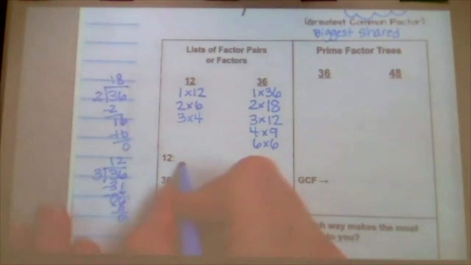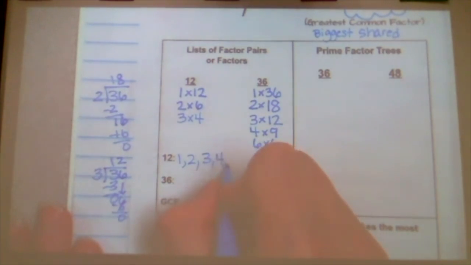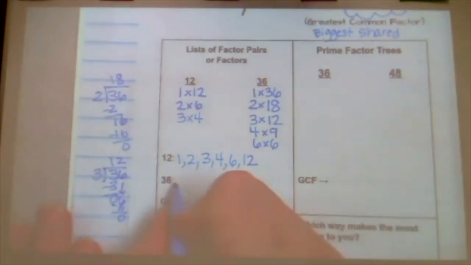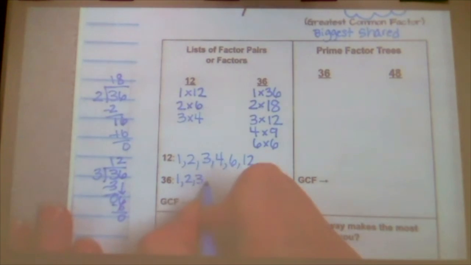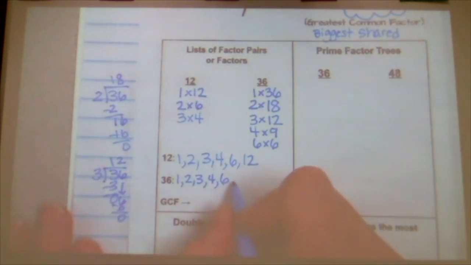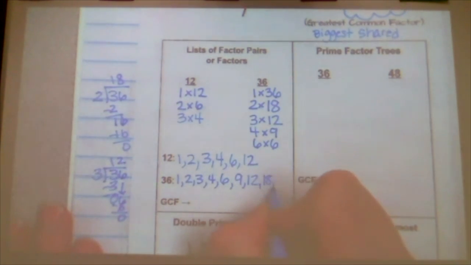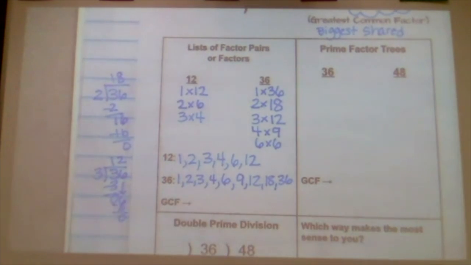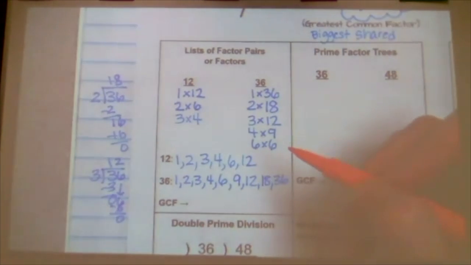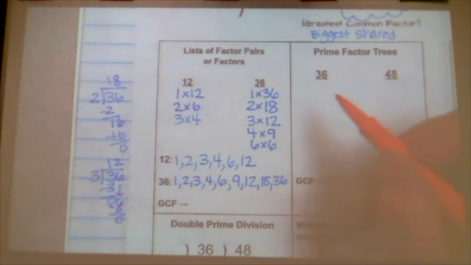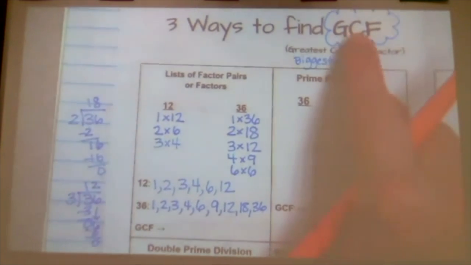Okay, the other way that you can choose to do this, some people like to just list the factors. I'm going to swap to orange for a moment, and I'm going to start looking for the GCF, or the greatest common factor.